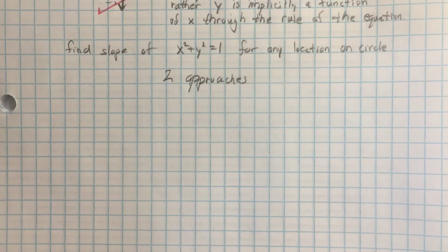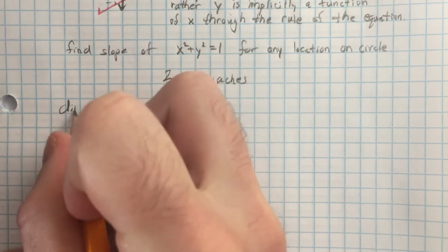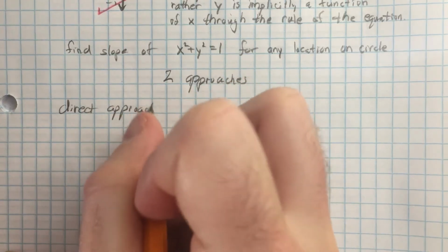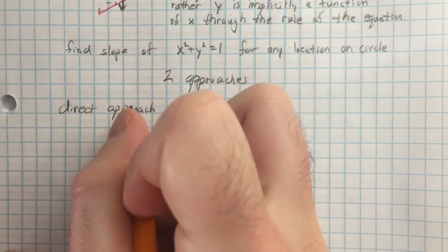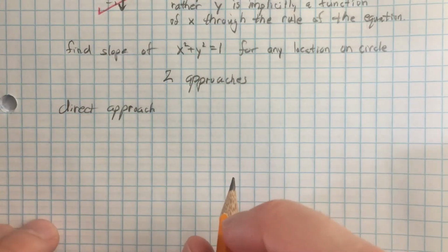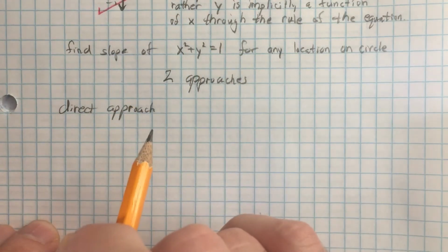The direct approach is what we've been doing so far, which will not be used in this section hardly at all, if any. But let's see it anyway, just to show how we could use what we know so far.